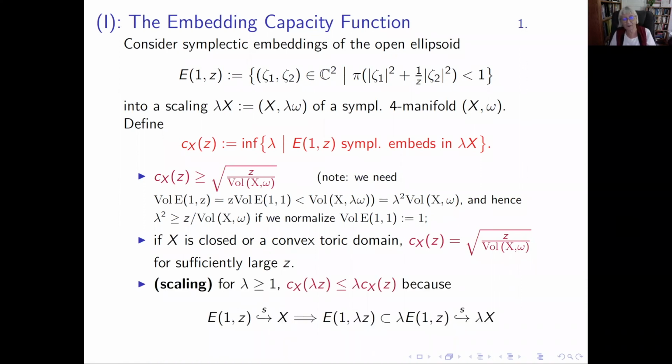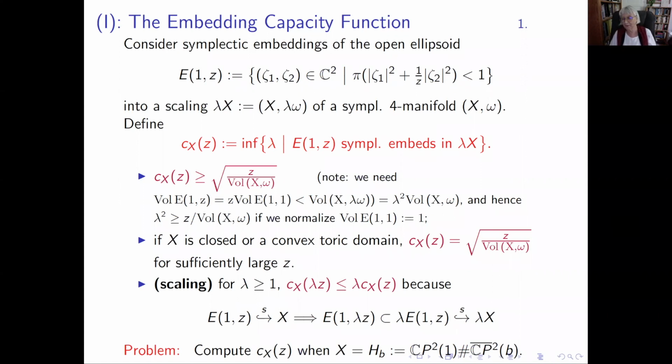The other easy fact is that there's a scaling estimate: C_X(lambda Z) is less than or equal to lambda times C_X(Z), and that's simply because E(1, lambda Z) embeds in lambda times E(1, Z). So there's that. And the problem is just to compute this function.